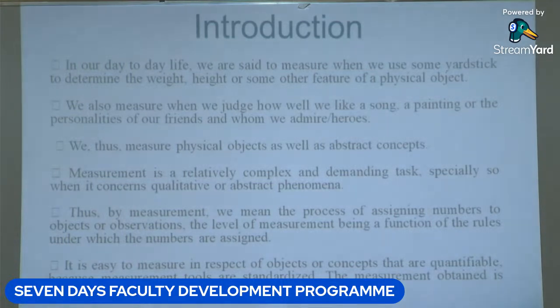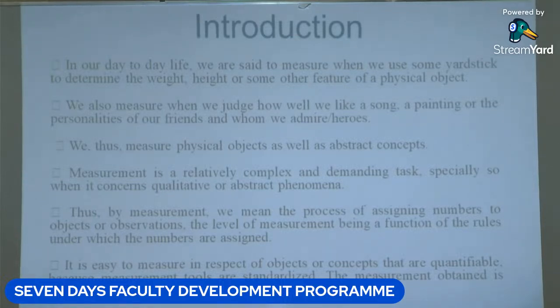That's why we need some yardstick for our constructs or concepts, and based on that measurement, we measure the concepts which are involved in our research work or come in our questionnaire. And we also measure when we judge how well we like a song or a painting or the personality of our friends, whom we admire, or heroes.